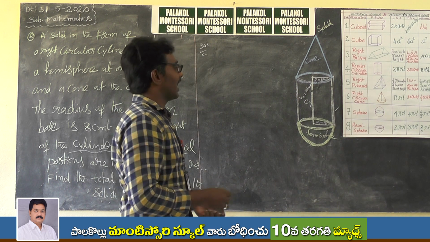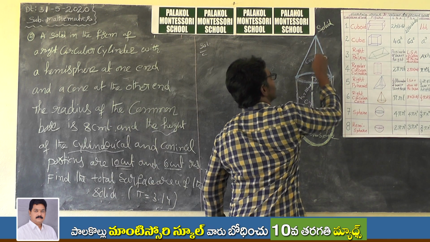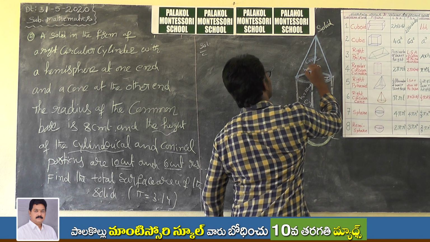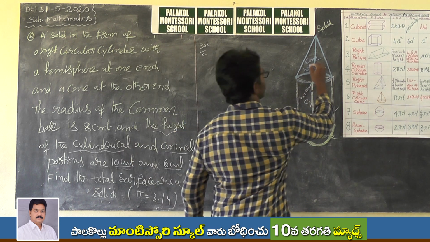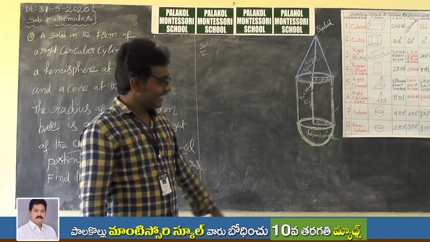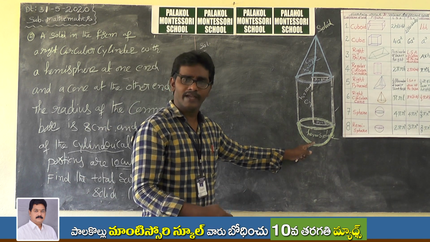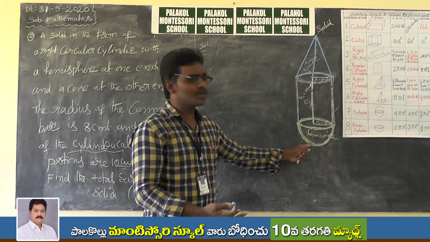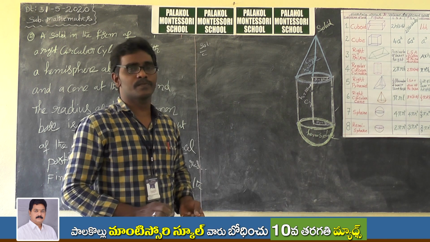Next, the height of the cone, H2, is 6 centimeters. But in this case, for the hemisphere, you consider the radius as the height. Why? Because it is a sphere, so the radius is taken as the height of the hemisphere.